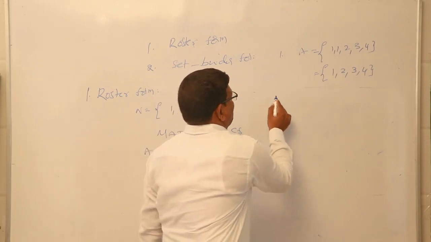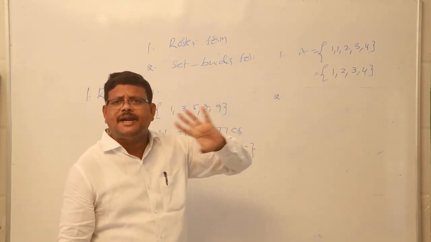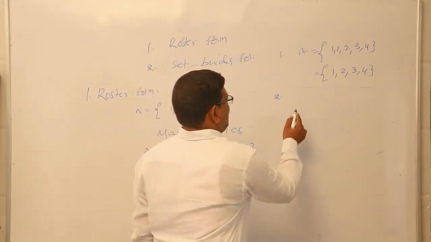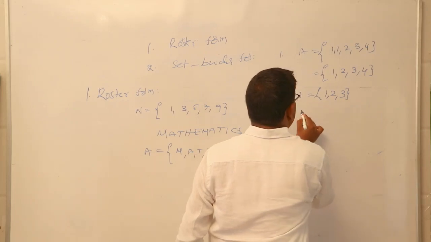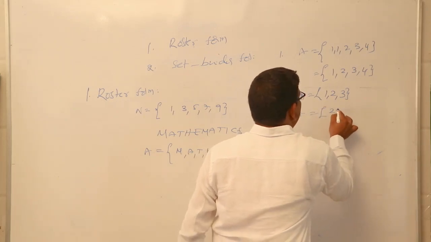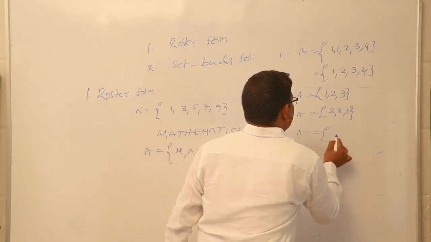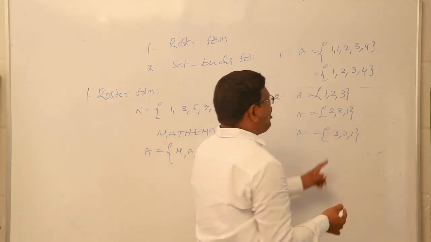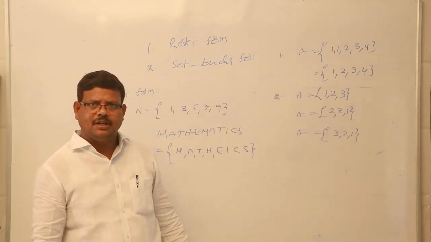The second merit is that the order of the elements is immaterial. Therefore, we can write the set {1, 2, 3}, or {2, 3, 1}, or {3, 2, 1}. The order of the numbers is immaterial here.